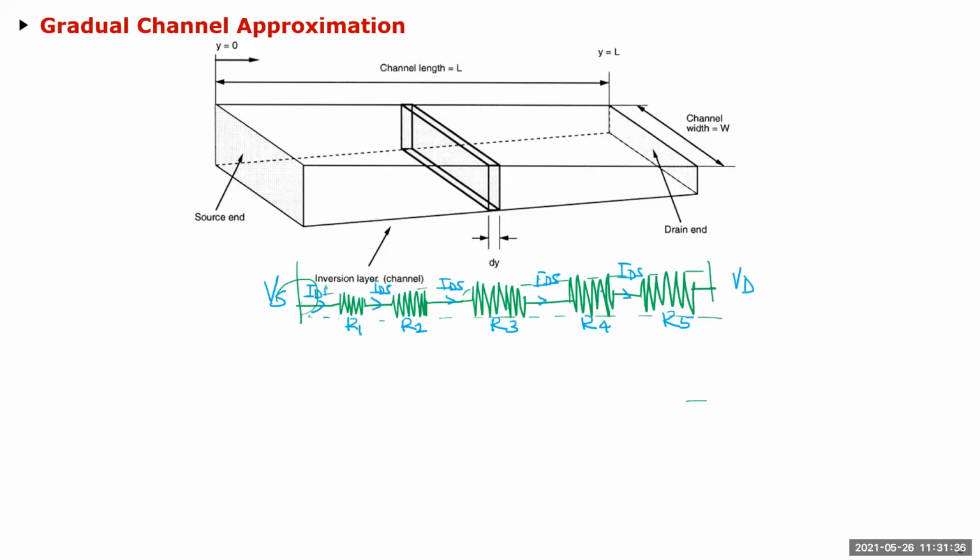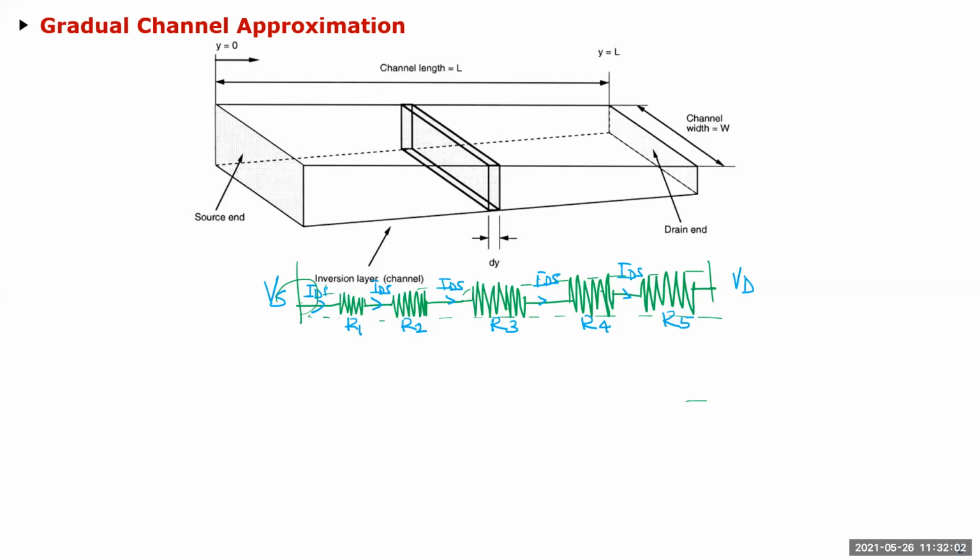And you can split this just like we did when we derived the equation for our block of homogeneous resistance, which was even from source to end. But now, because the channel charge is varying, if you represent it as a resistance per unit length, the resistance is going to be different.